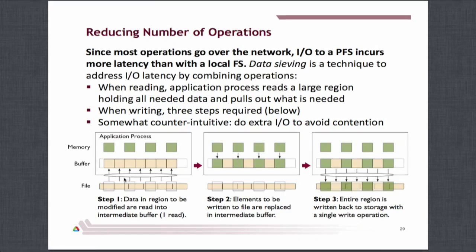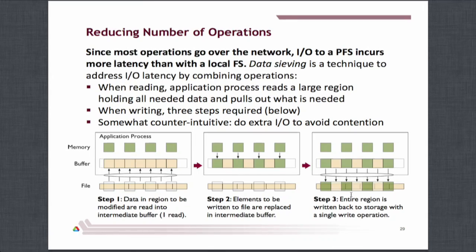So one way to avoid this, and this diagram is showing a write, is for the storage libraries to read in the entire file, or at least a significant piece of it, do a modify in memory in your system memory and in your system network to replace just the things that are going to change, and then write the entire chunk with the changes and the old data back to the storage system.